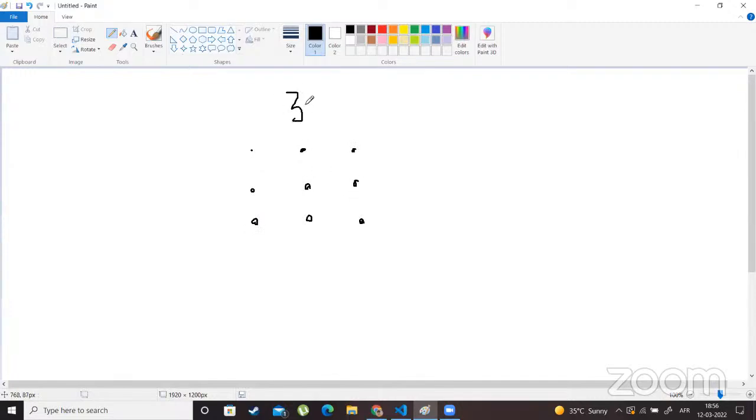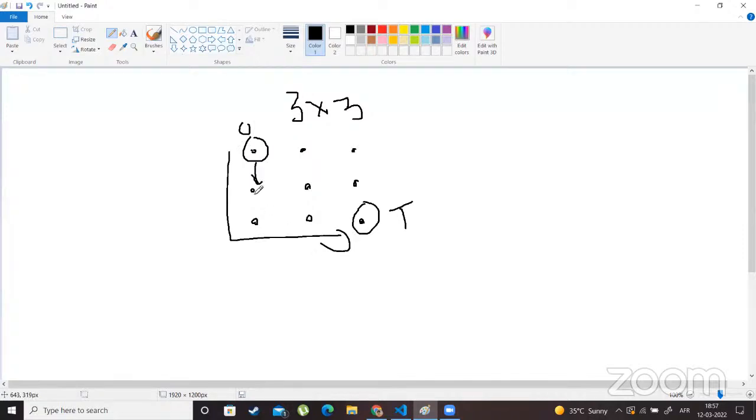So this is a 3x3 grid. You can see straight away that I can ask Tom to set this as the origin and set this as the target, and this will be the maximum distance which Jerry has to cover. He can go like this and travel a distance of 4 squares.